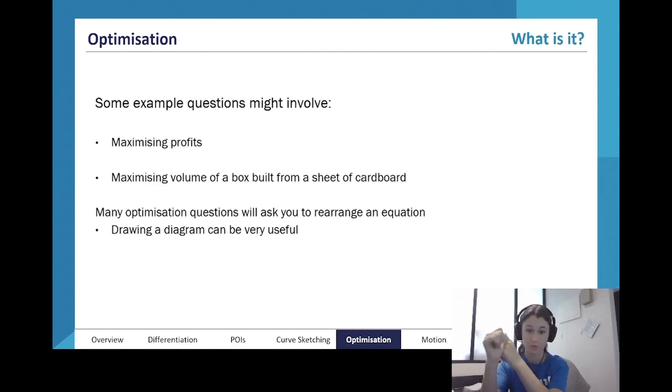Really, really important, draw a diagram. Even if you think that you're a little bit above it, it's really important just to avoid making mistakes. And if you're new to optimization, it's really helpful to look at a diagram and be able to visualize how you might actually incorporate those elements.